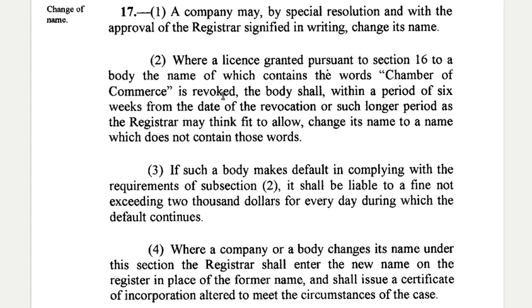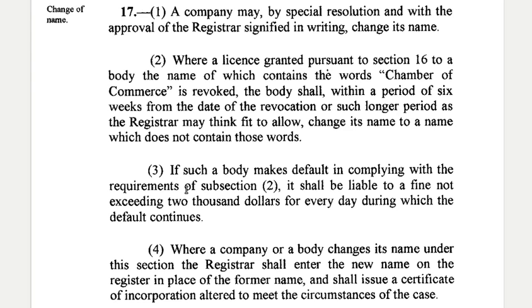Alright? So, the directors can change the name of a company, or you can be forced to change it by the registrar or the courts.